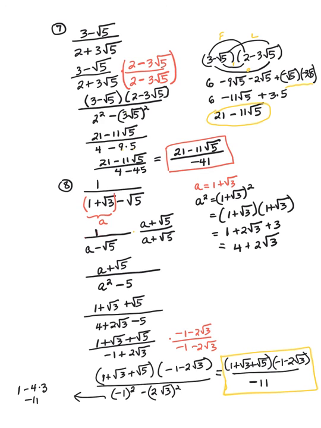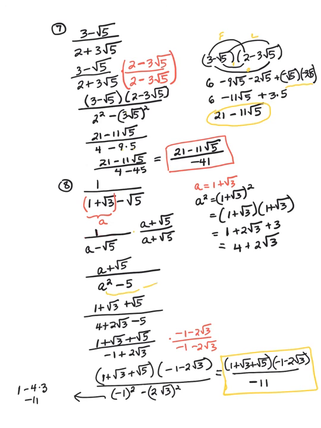So to rationalize the denominator here, we multiply by the conjugate, and we're left with A plus root 5 over A squared minus 5, using the A squared minus B squared property. And now we put A back. So A was 1 plus square root of 3 plus square root of 5.